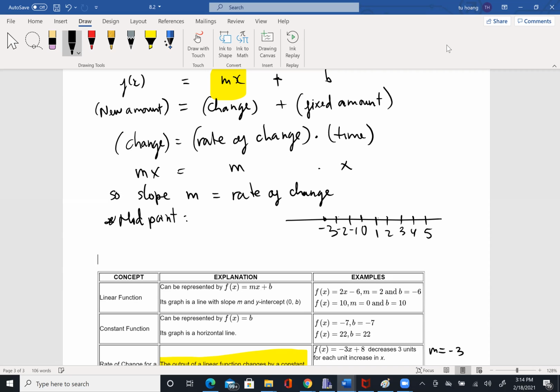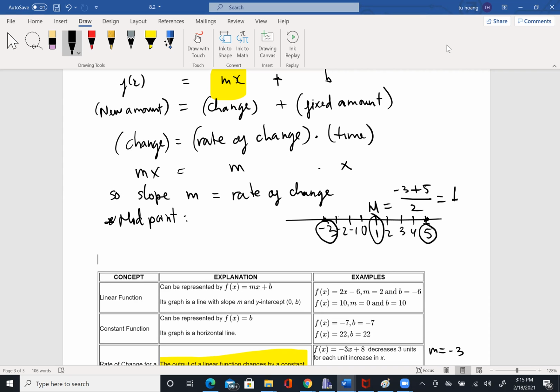So you can see that the midpoint between negative 3 and 5 is going to be here. It is 1. How can you find it? You just take negative 3 plus 5, and then divide by 2. That gives you 1 at the midpoint for a segment.